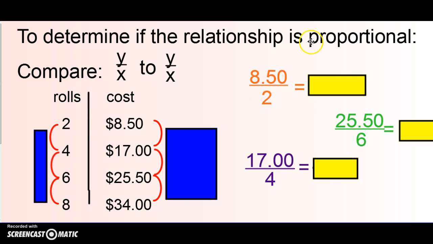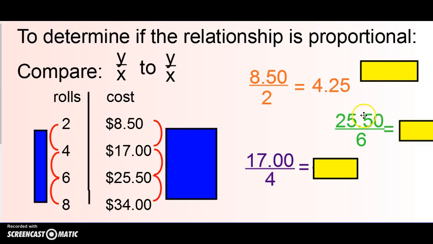To compare if it's proportional, we're actually comparing the y to the x, the y to the x. So here, $8.50 for 2 is $4.25 each. $17 for 4 is $4.25.